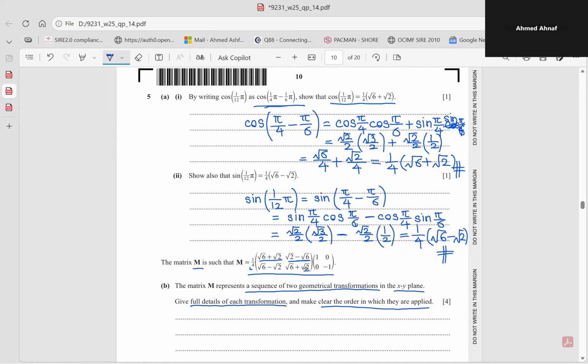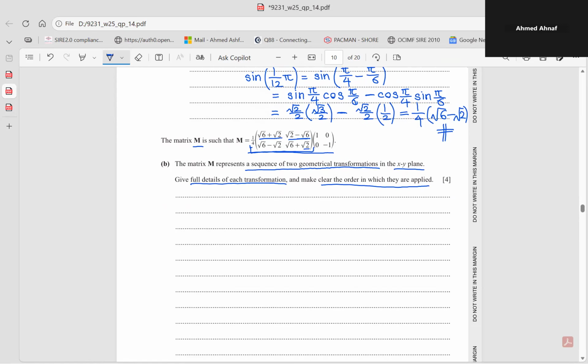So this first one is definitely related to cosine pi over 12 and sine pi over 12. All right, so 1 over 4 square root 6 plus 2. This one I'm going to write as minus square root 6 minus square root 2.